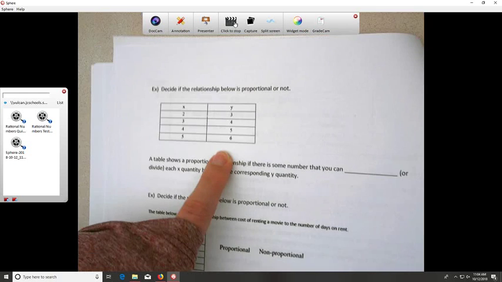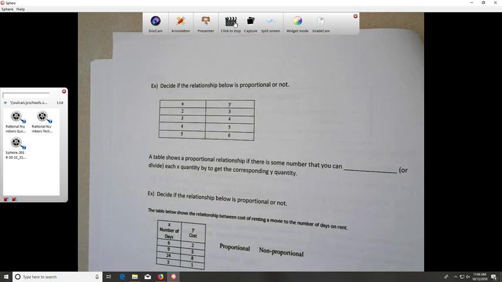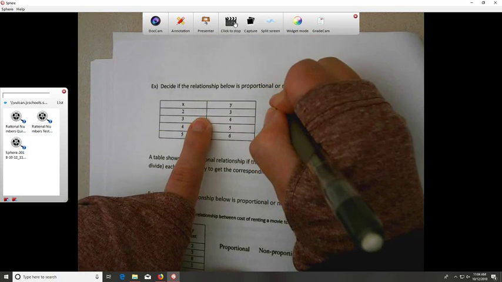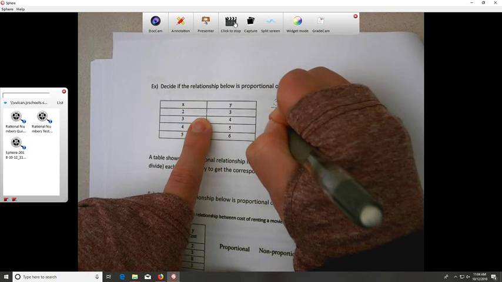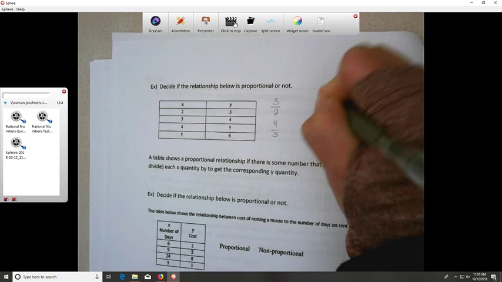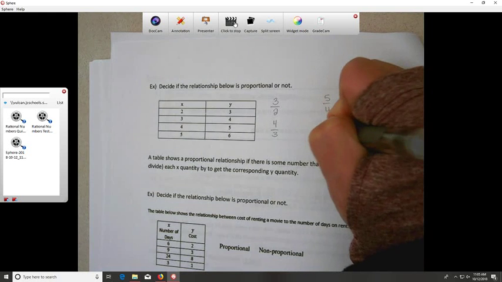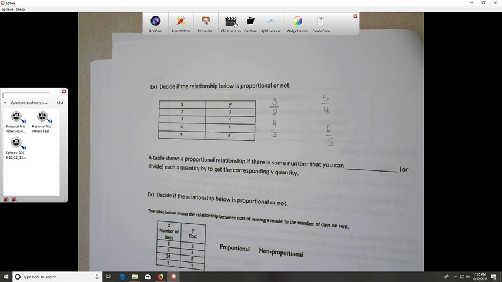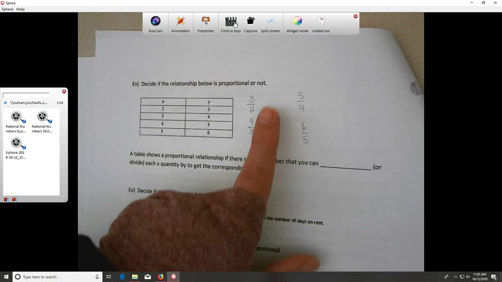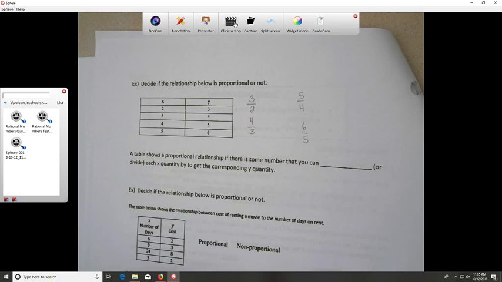All right, if we look at the one at the top of the next page, it says decide if that's proportional or not. And again, one way to do this would be to write down the ratios, the fractions. So I would have 3 over 2, 4 over 3, 5 over 4, and 6 over 5. If you type these into your calculator, you're not going to get the same answer every time.